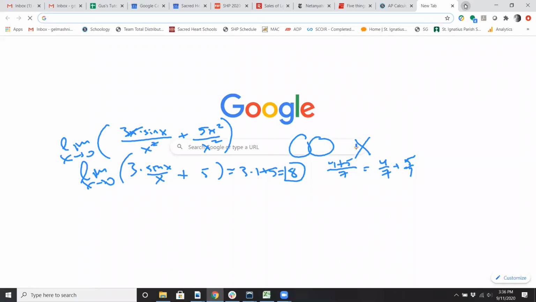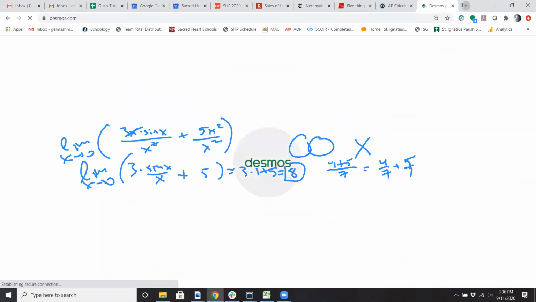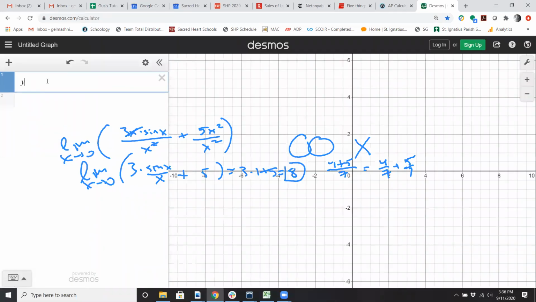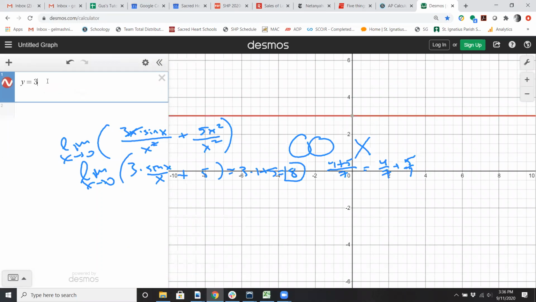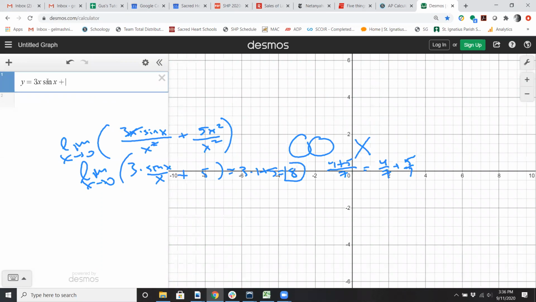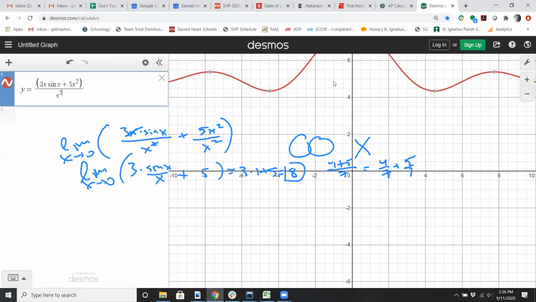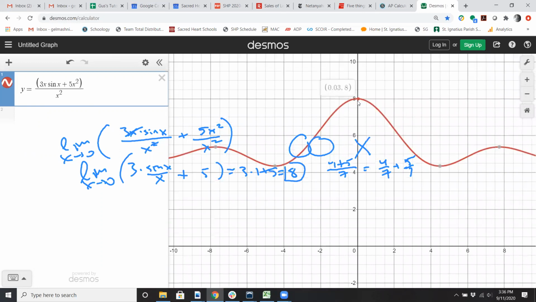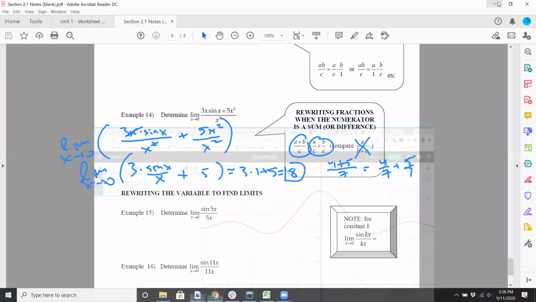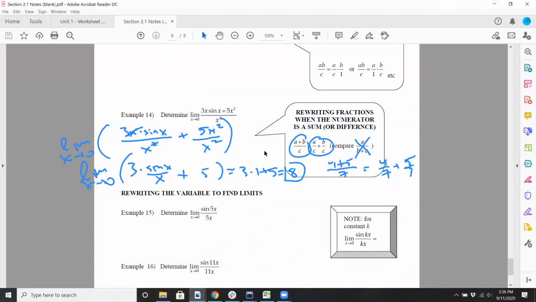So if I were to go to Desmos, if I were to do y equals 3x sine x plus 5x squared, make sure I put that in parentheses, divided by x squared. And if I scroll up, you can see that there is a hole at (0, 8), but before and afterwards, we are approaching 8. So you can always check your work using Desmos. But you want to be a little creative, like breaking up fractions is a good idea.